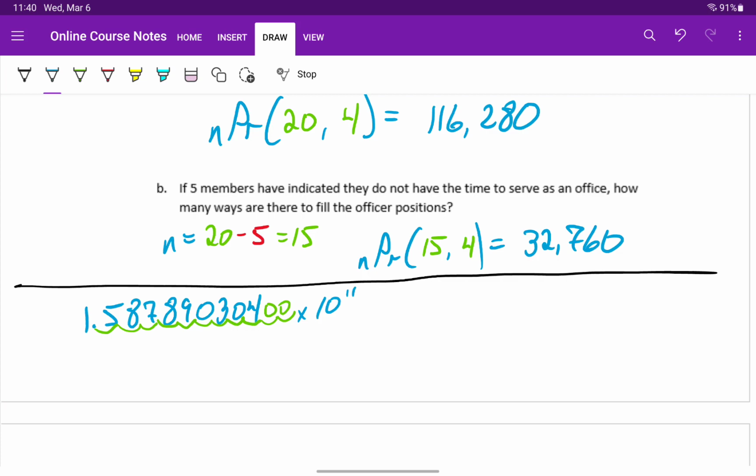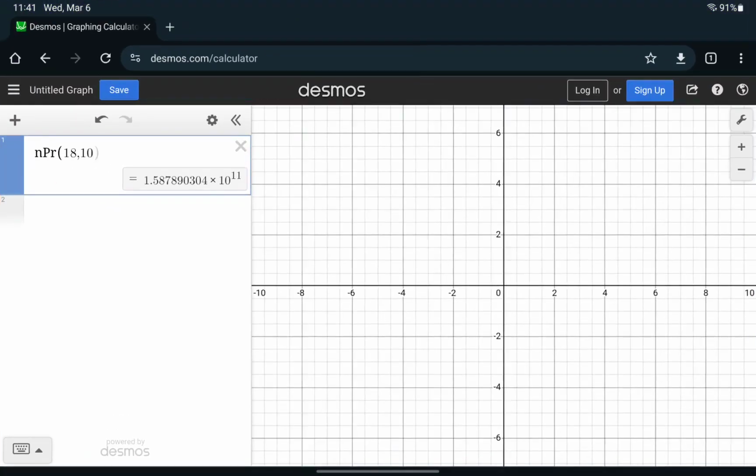Then we just rewrite that number without the times 10 to whatever power. And in this case, that result would be 158,789,030,400. So it is possible to come up with very large results, especially when we look at calculating permutations. We just need to keep in mind how we convert things from scientific notation to standard form.